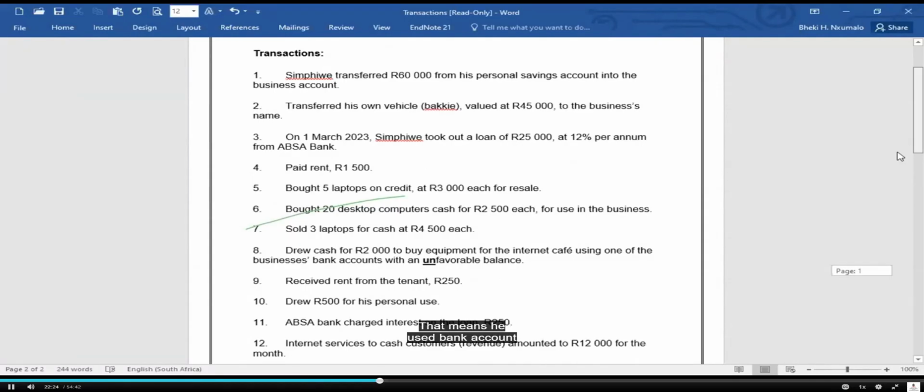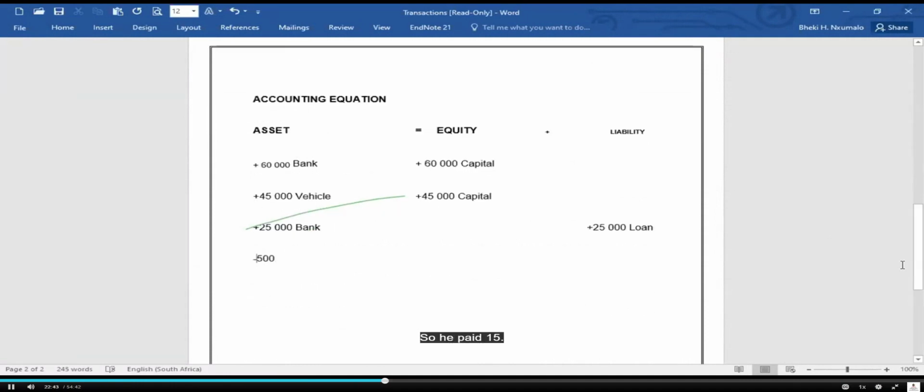He paid out 1.5. It's an outflow of cash. So here my bank account is decreasing. I have to show this contra account. My bank, he paid what? The rent.